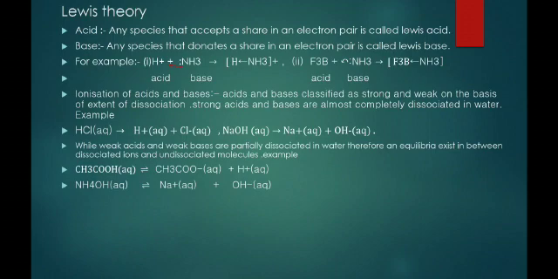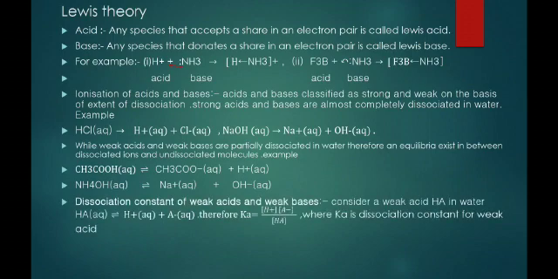Here again, the reactant and product are separated by the double-headed arrow, indicating what? NH4OH converts into NH4 plus and OH minus ions, and NH4 plus and OH minus ions combine and convert into NH4OH. It means an equilibrium exists between dissociated ions and undissociated molecules.